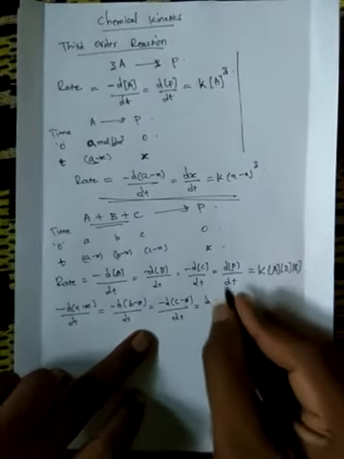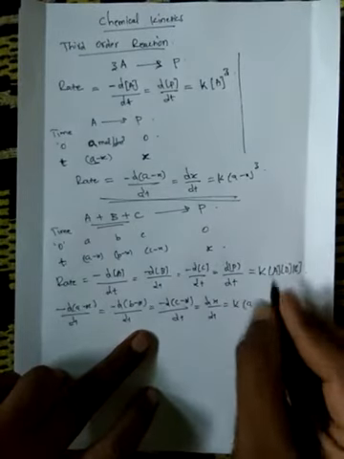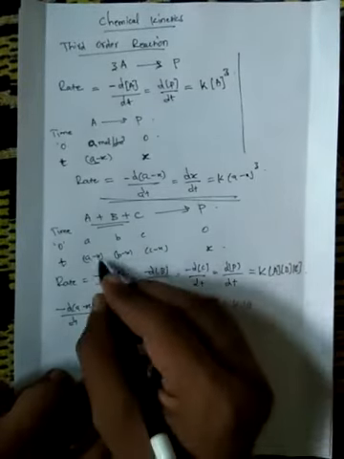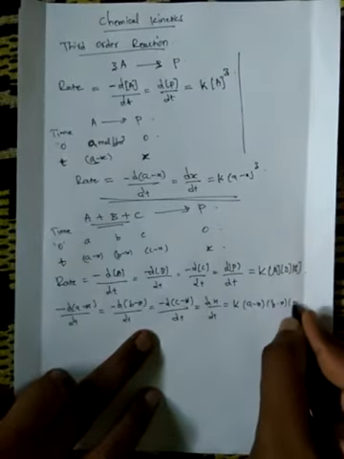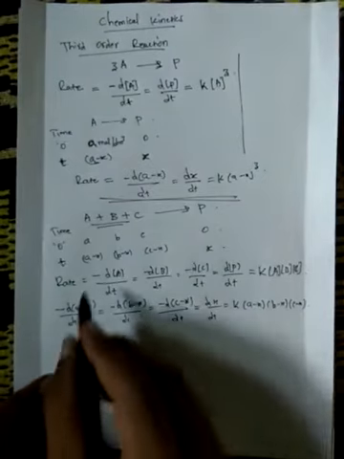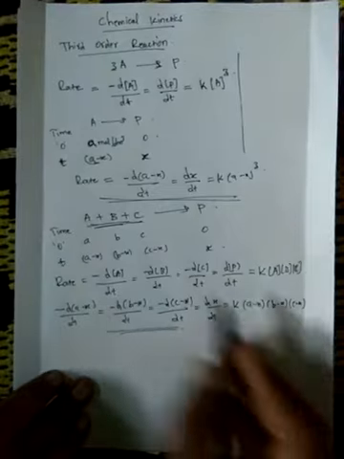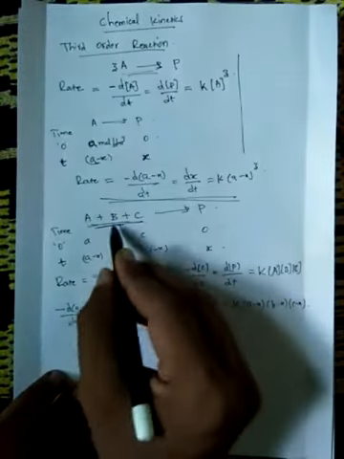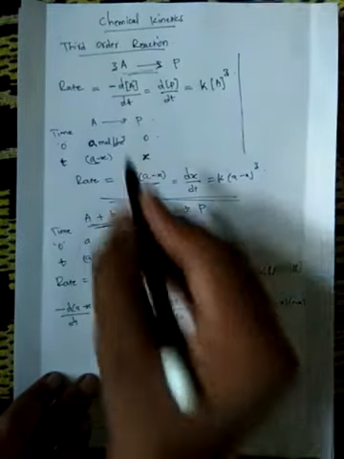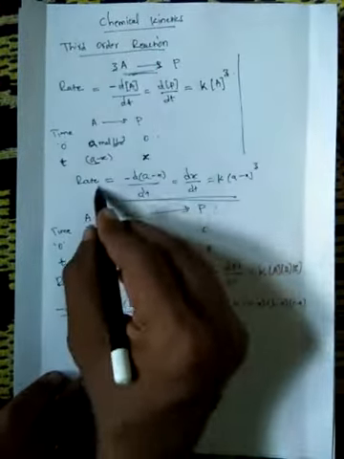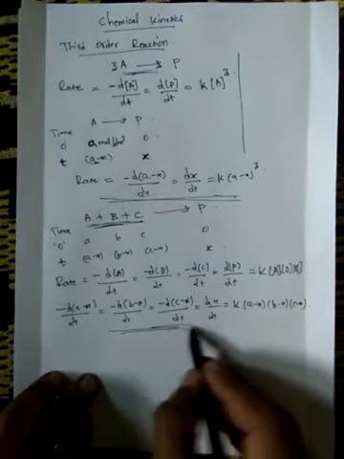This is dx by dt equal to a rate constant into at time t concentration of A is A minus x, B is B minus x, and C is C minus x. So for this reaction, this is your rate equation. This also follows third order kinetics.